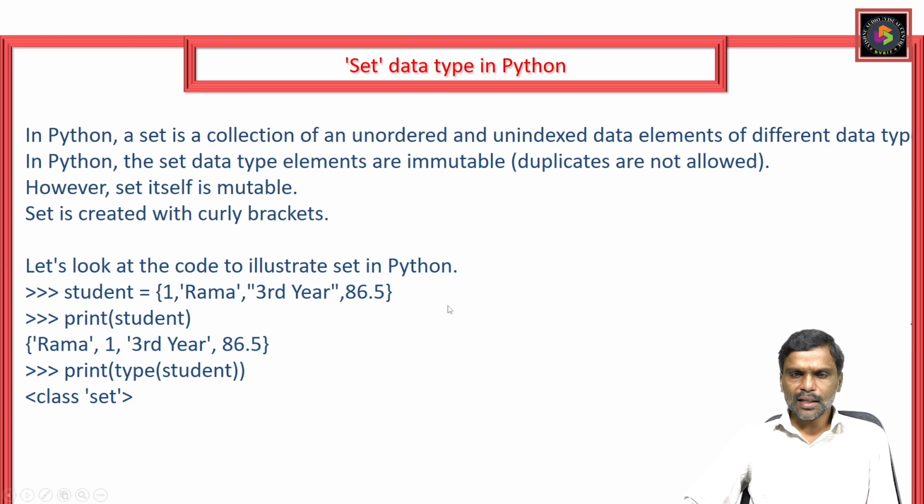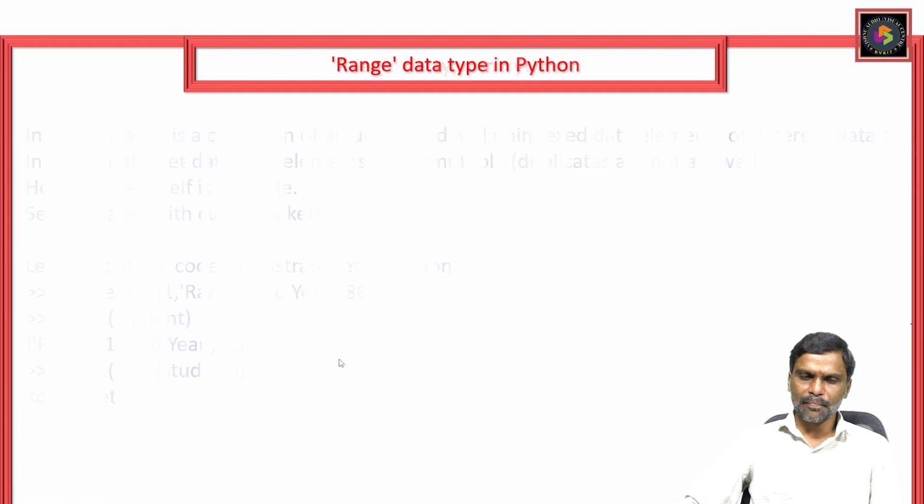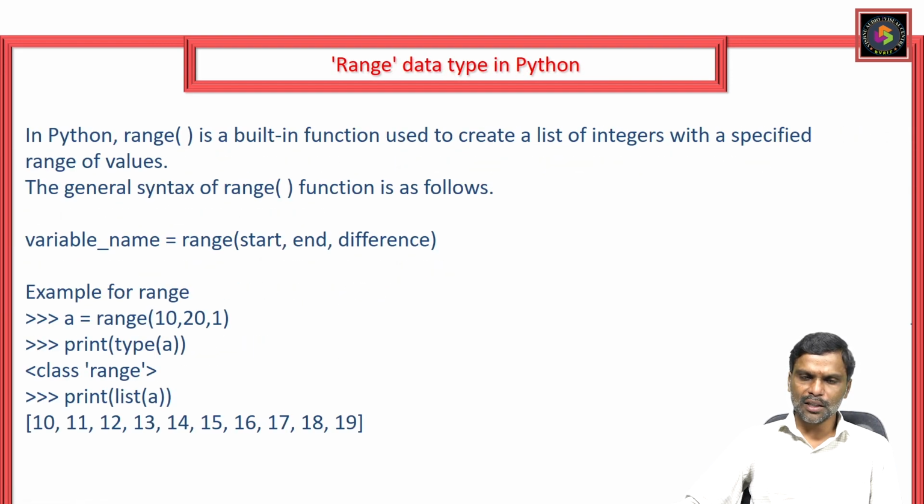Similarly, in the next example you can see range. Range is a type of data type. The range function is used to create a list of integers in the specified range of values. So let us see the syntax. Here is the variable name; the range function is represented with range and parentheses. This is the representation of the range function.